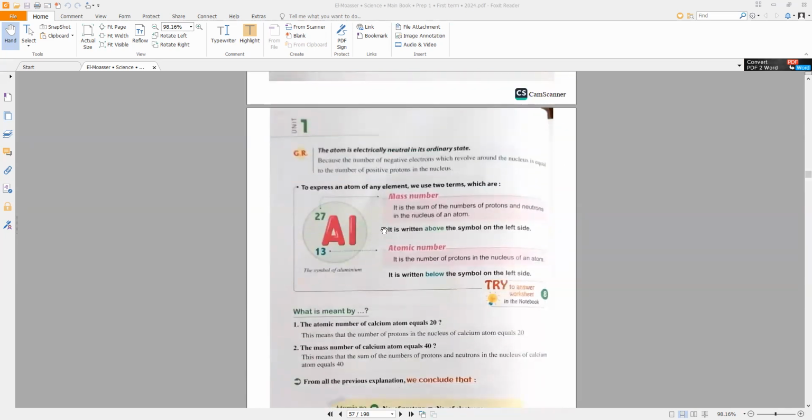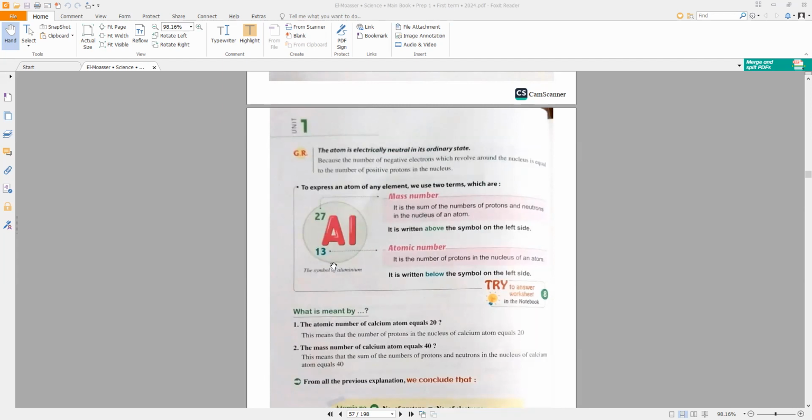And we said there are two numbers for each element that are written at the left side of the element. The first number is written above the element, and it is called the mass number, and it is the largest number.